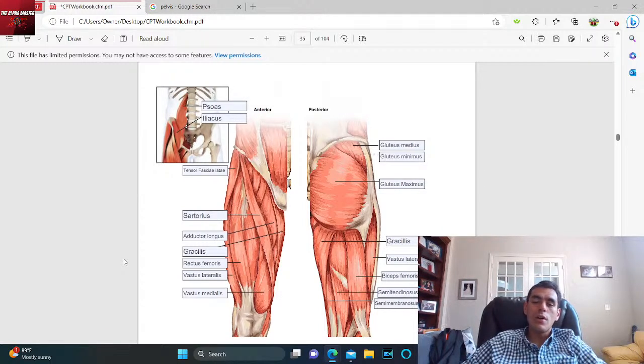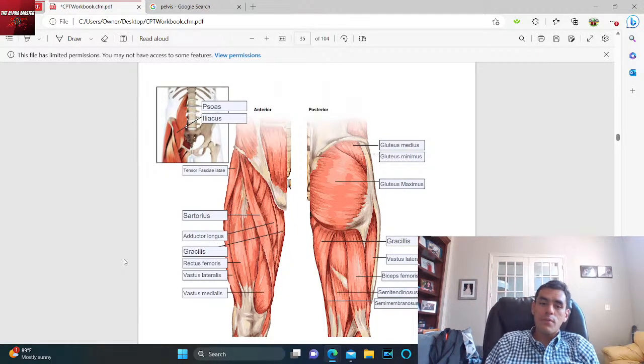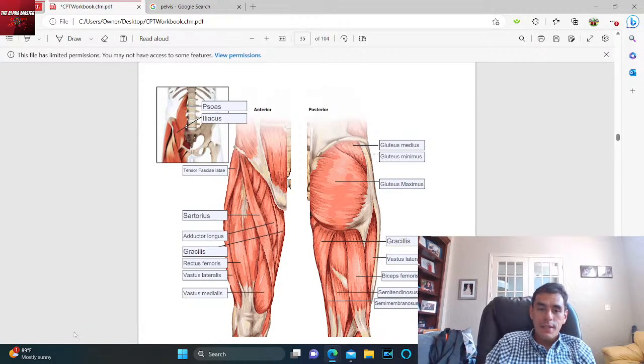And you have the adductor longus, the muscle that allows you to move your legs towards each other. The sartorius, the adductor longus, and the gracilis near the adductors. Then you have the rectus femoris, which is one of the quadriceps muscles, the vastus lateralis laterally, the vastus medialis in the middle, and the vastus intermedius.